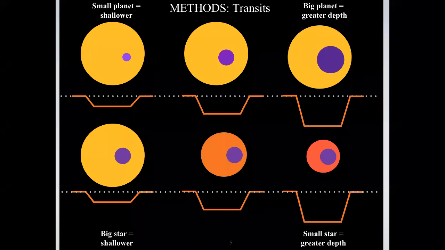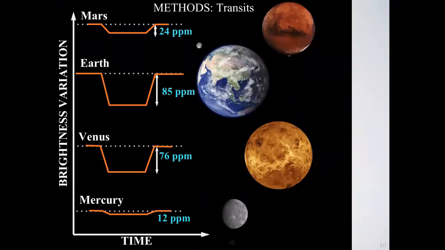So this is the way we can derive the planet size. Again, it is because we know many things about the star. And in fact, if we put this mechanism in perspective with the rocky planets in the solar system, the depth of the primary transit, when different planets cross in front of the solar disk, is tiny.